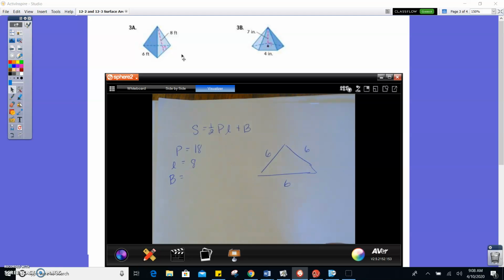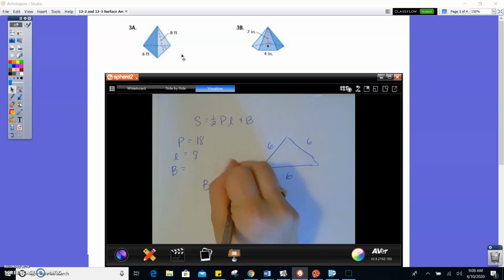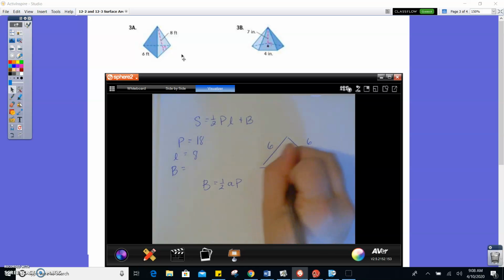This is not a right triangle, and I'm not actually given an altitude. But last week we learned about finding area of regular polygons using the formula 1/2 of the apothem multiplied by the perimeter of the base. And remember, our apothem is the distance from the center to the opposite side at a right angle. So it creates these two isosceles triangles. So we need to figure out what this missing angle is.